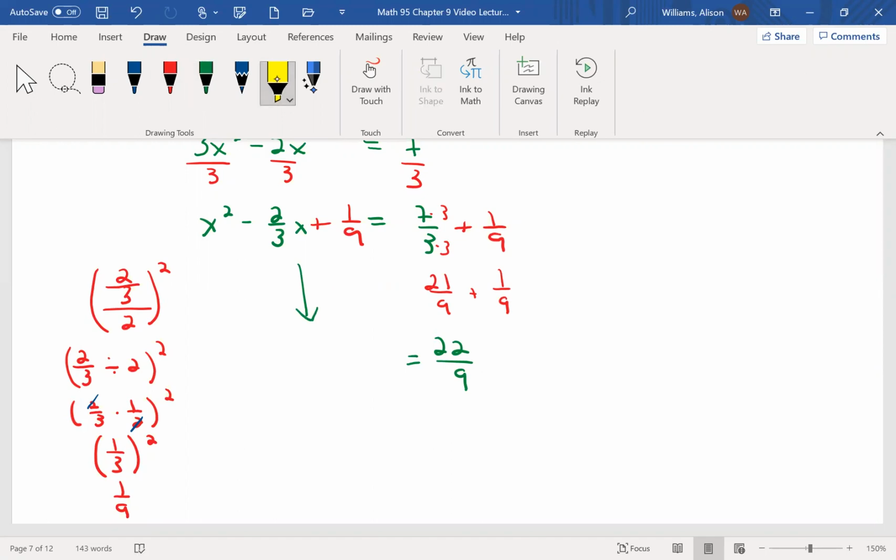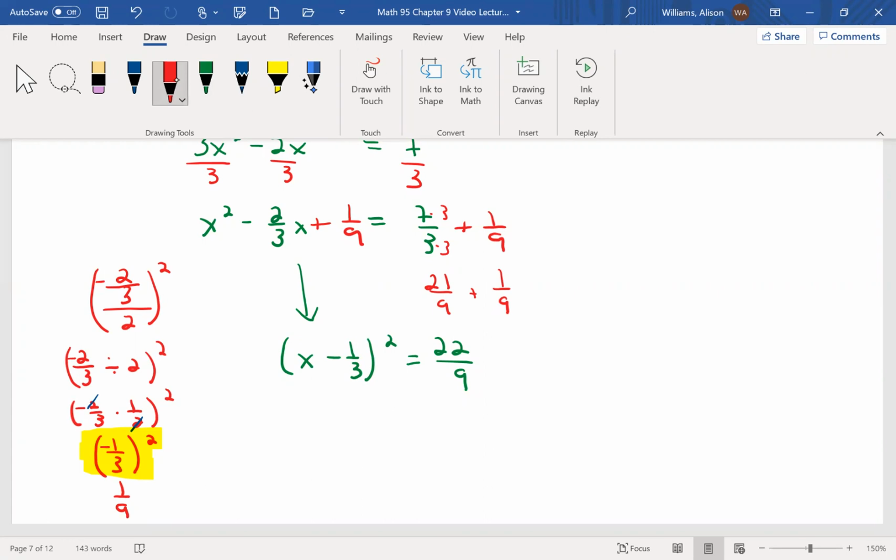It's going to factor into the number it was right before we actually applied that square. So this is going to factor into x minus, I just realized I've dropped that negative this whole time. This should have been negative 2/3, negative 1/3. But when you square it, it becomes a positive 1/9.